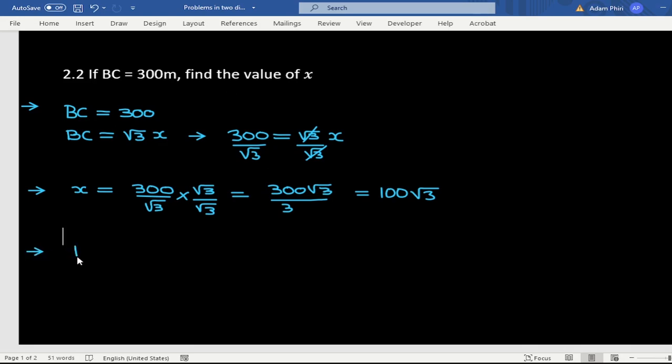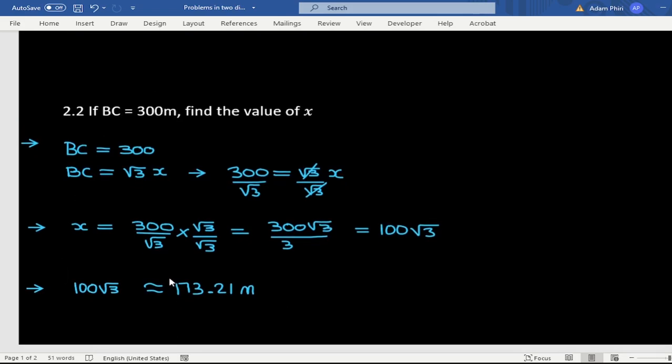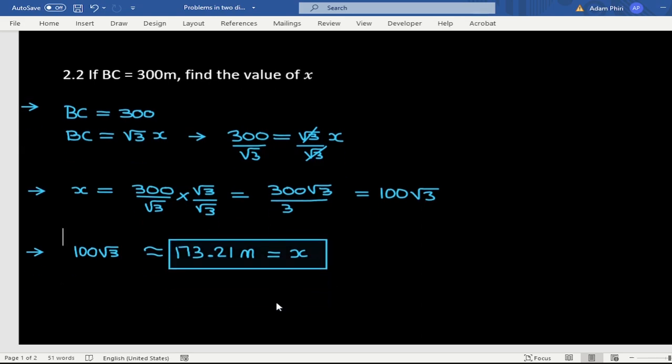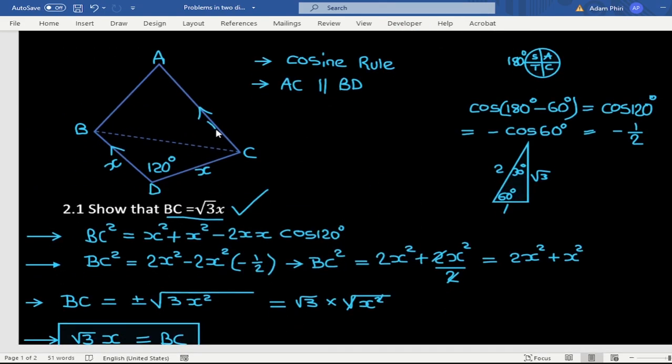You can change that to decimal. You can punch that in a calculator: 100 times root 3 gives us 193.21 meters. So that is our answer, but I prefer without rounding off, which is 100 times root 3. That's the equivalent, appropriate answer.